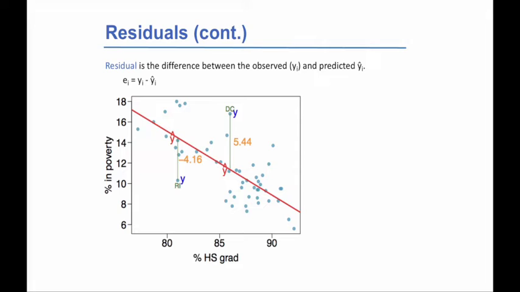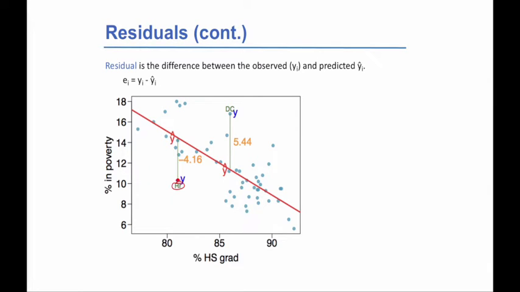So the difference between the observed value and the predicted value. Observed minus predicted. So remember, each of these data points is a state, or DC. So this is Rhode Island.